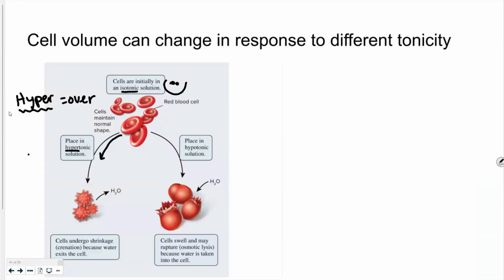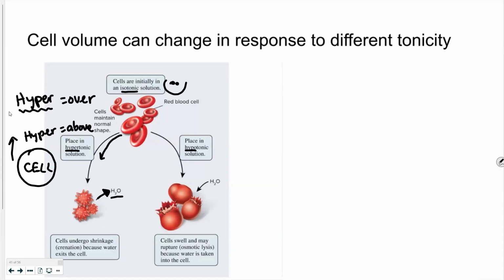So what we're going to do is put our cell as the center of this, and hyper is above, right, or over. So the concentration outside the cell is higher than the concentration of solutes inside the cell. Water is going to exit the cell, and we're going to have our cell shrivel up and die.